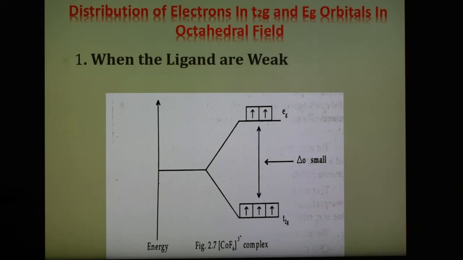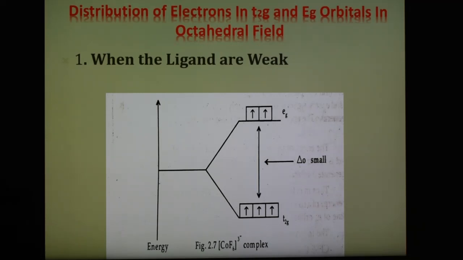If we consider the octahedral complex CoF6 3-, which contains weak ligand F, the distribution of the six d electrons of Co3+ ion, which means 3d6 configuration, in the T2G and EG sets will be T2G4 EG2. Complexes like CoF6 3- which contain weak ligand are also known as weak field or low field complexes.